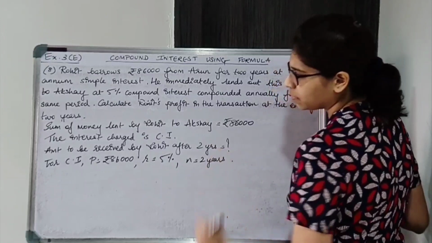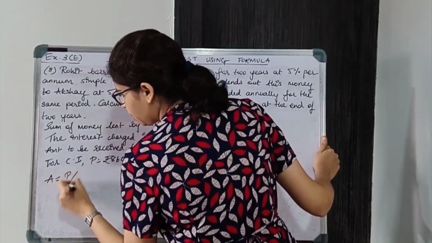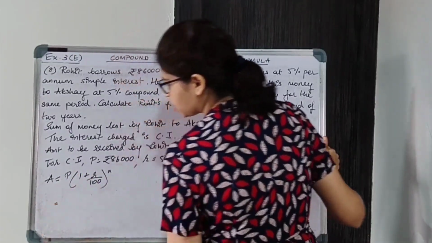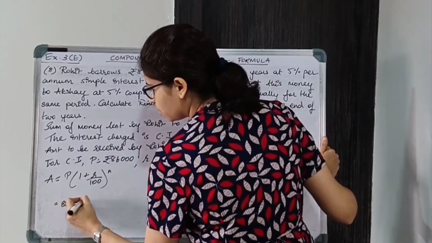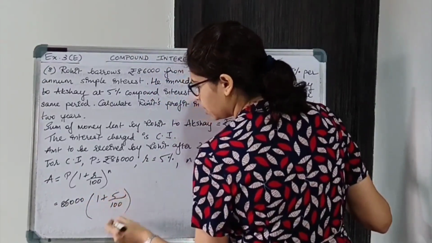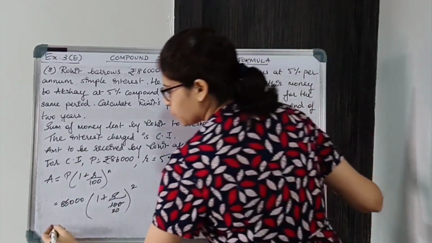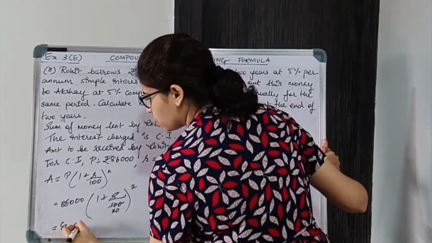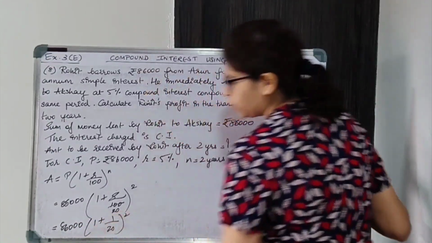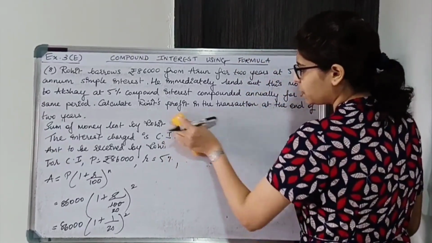Now amount will be P into (1 plus R upon 100) raised to N. So that will be 86,000 into (1 plus 5 upon 100) raised to 2. 5 ones are 5, 5 twenties are 100. So we get 86,000 into (1 plus 1 upon 20) raised to 2. So we'll take LCM and solve the bracket first.